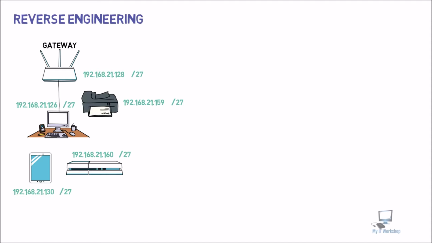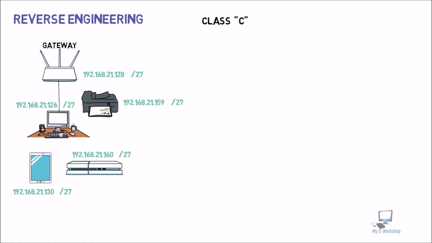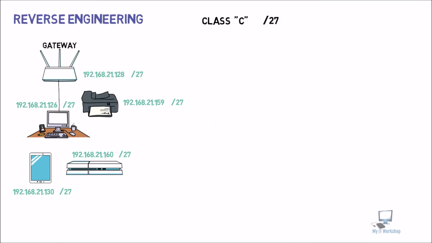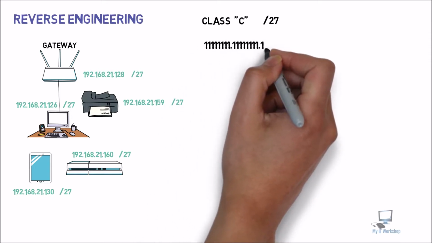So what we are going to do now is we have some clues. I know this is a class C. I can check it because it's 192.168. And the next clue that they give us is the network mask, which is 27. Okay, so those are our two clues that we have in this case. And since we have the network mask, we're going to convert it into binary.